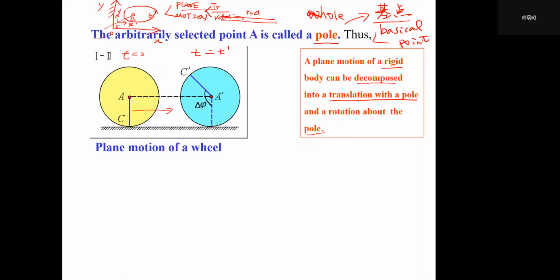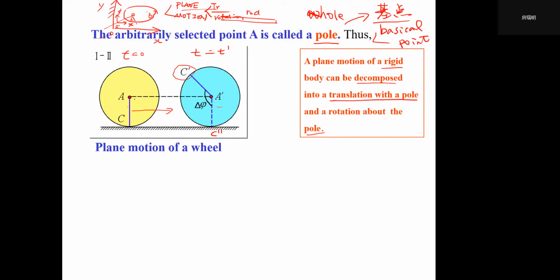So this A prime and C double prime. Then that means the translation part is finished. Then at this position, we will have this C prime, A prime will rotate an angle around this point A prime. Then C double prime will rotate to its final position C prime. See?